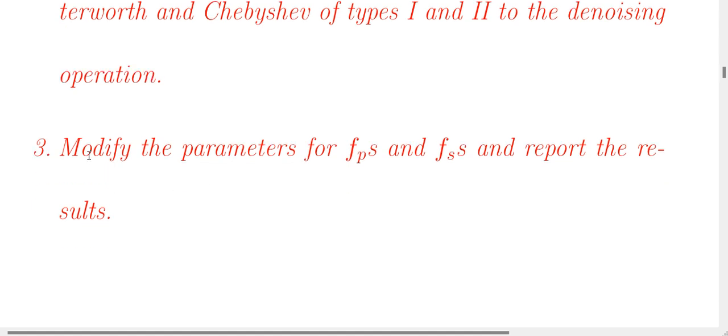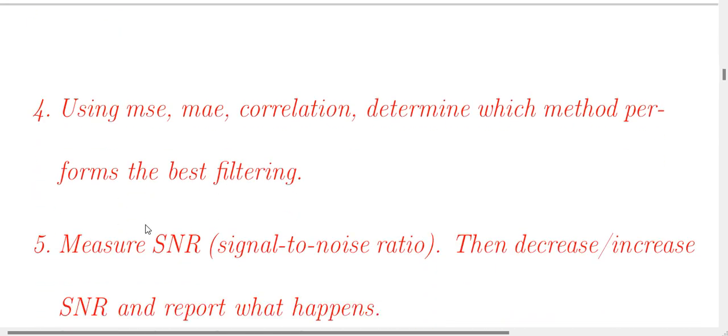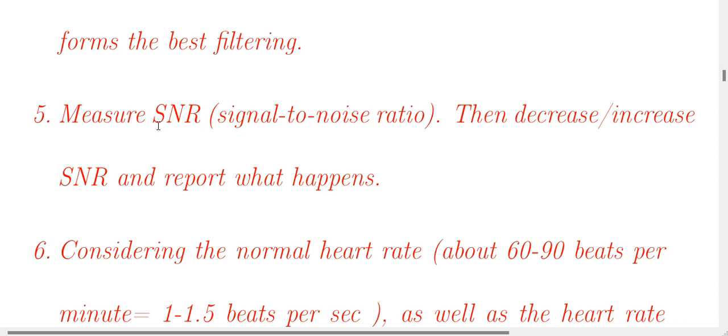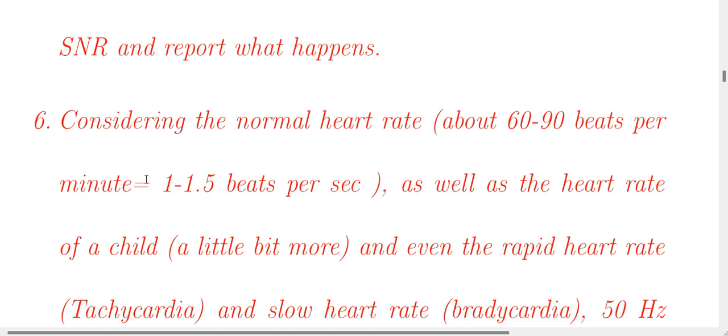The third part: modify the parameters FPS and FSS, the passband frequencies and stop band frequencies, and report the results. Using MSE, MAE, and correlation, determine which method performs the best filtering. Measure SNR, signal to noise ratio, then increase SNR and report what happens.